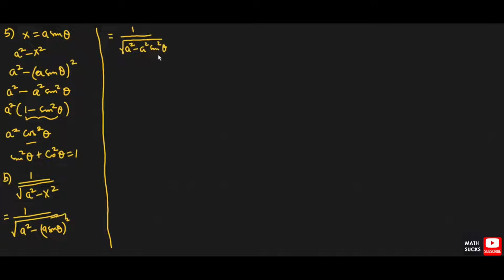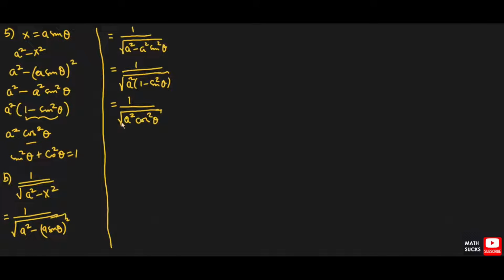And so do the factorization of the a squared. So we have the square root of a squared into 1 minus sine squared of theta, and this inside part is cosine squared theta.